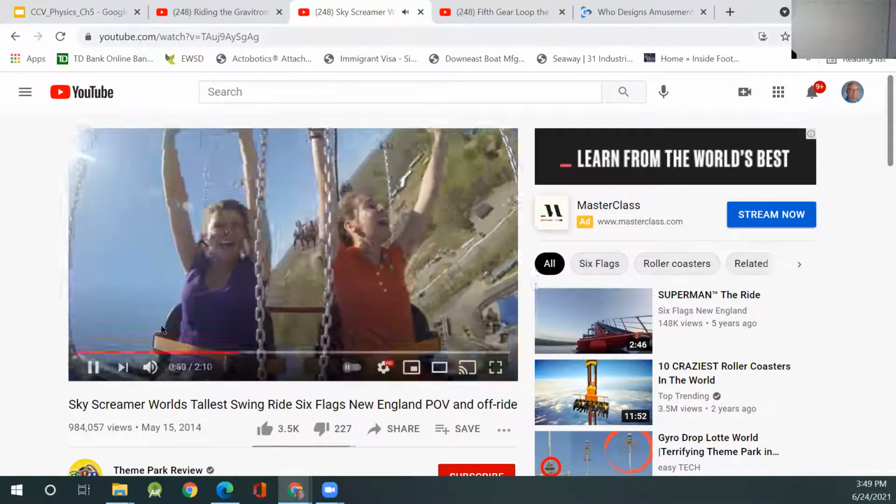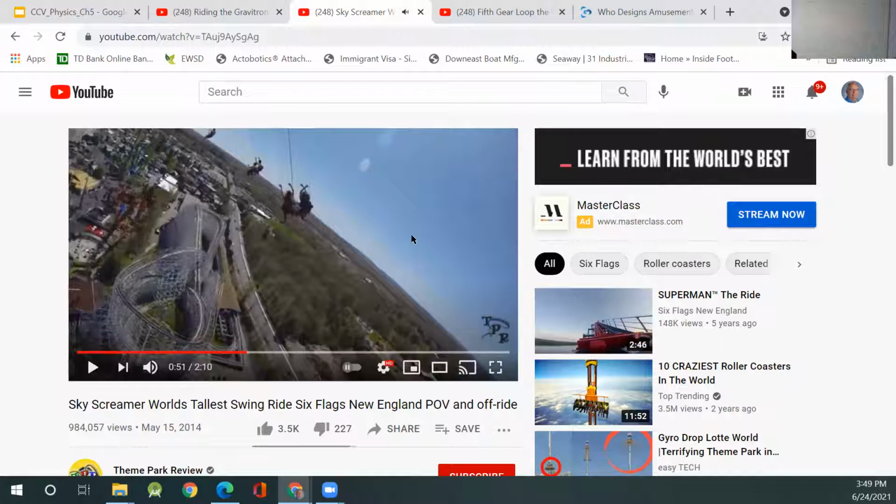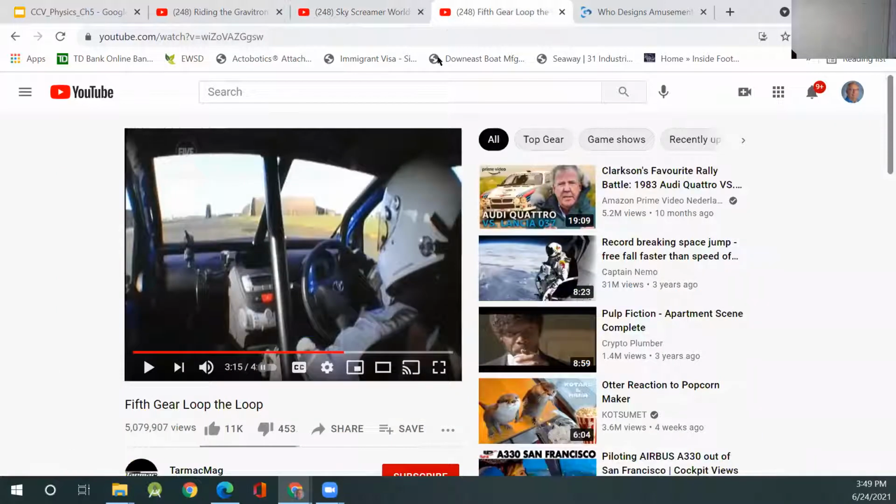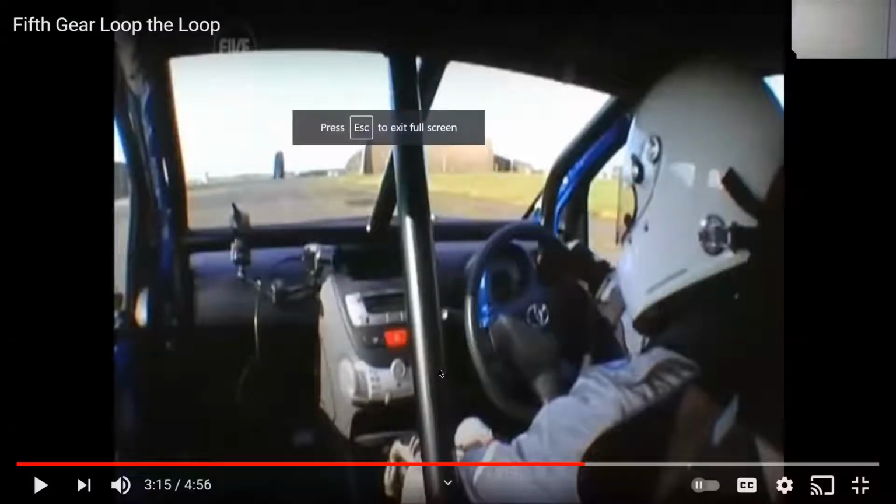And then lastly, let's take a look at Steve. Steve here is the stunt driver who's going to try and drive a car in a vertical circle. So let's see what that looks like.